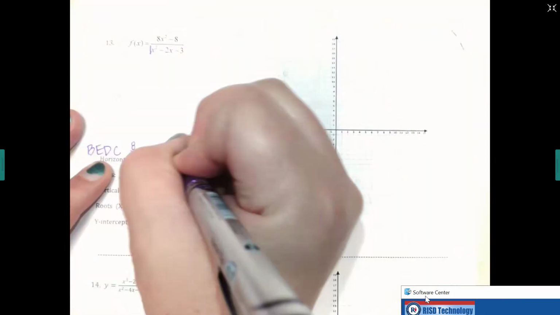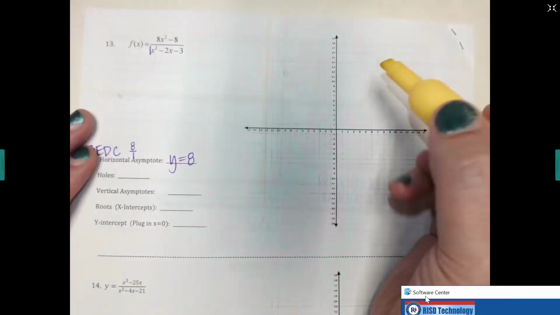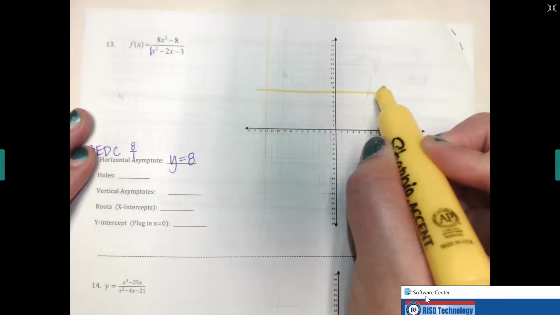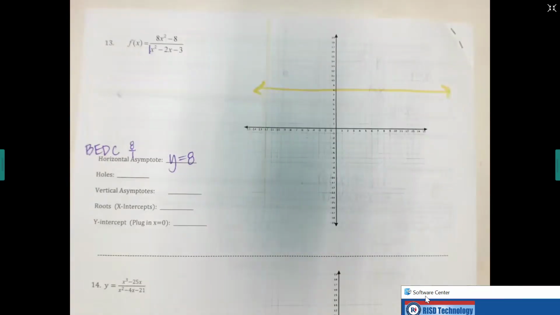A 1. So I'm going to divide 8 by 1, and 8 divided by 1 is 8. On your graph, I want you to draw in a flat line at 8. So 8 would be here. We're just doing our best. It's not a perfect graph, but y equals 8 would be right there.